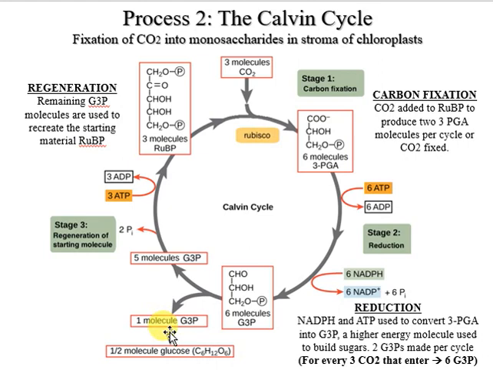Here we're just creating G3P, which can then be combined with others or altered to form other carbohydrates. So in order to have 1 molecule of G3P formed, we need 3 cycles in order to fix 3 molecules of carbon dioxide.